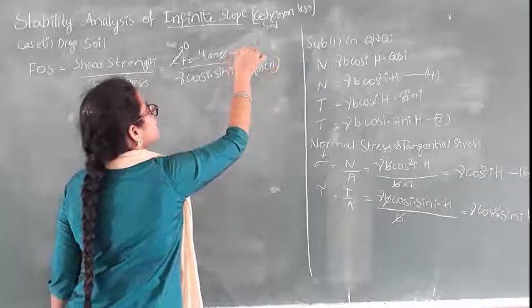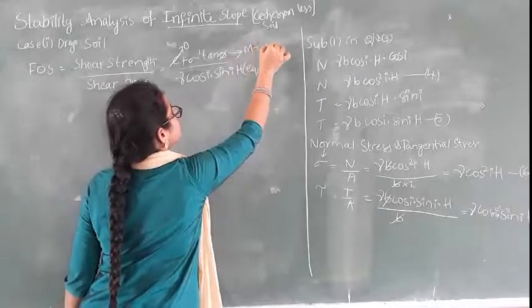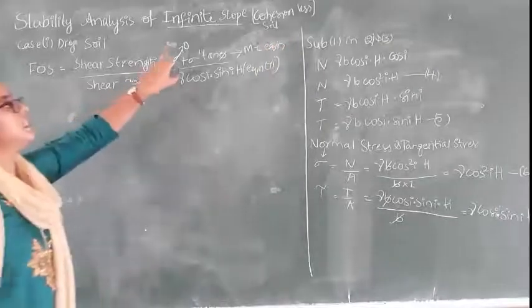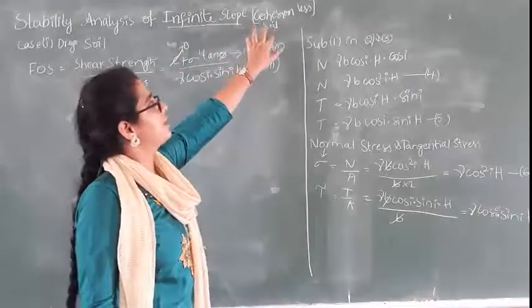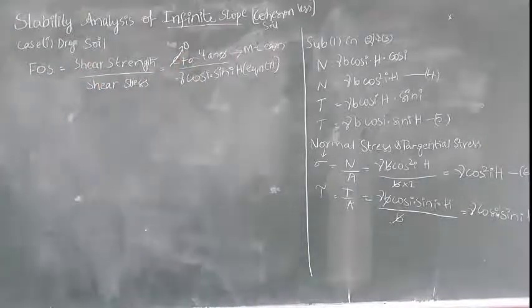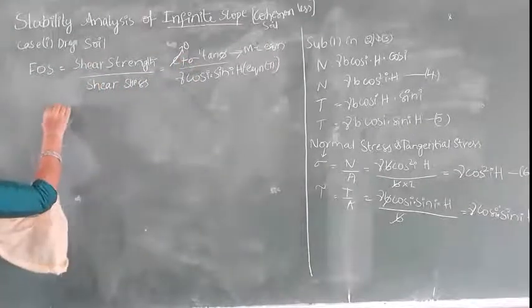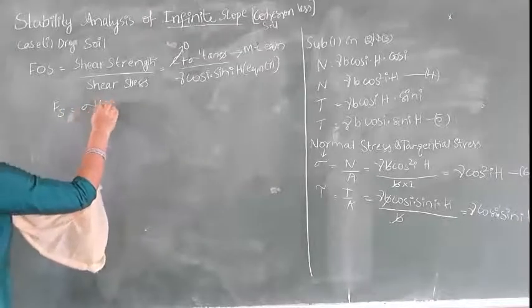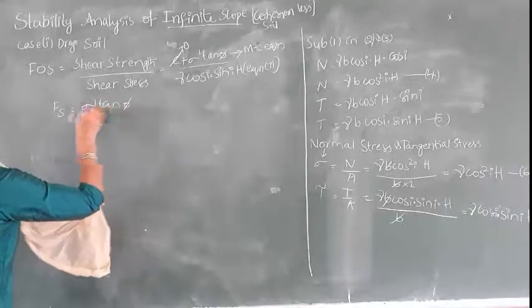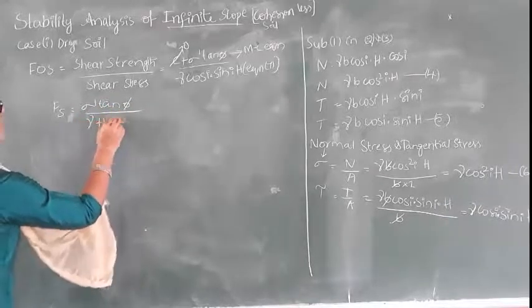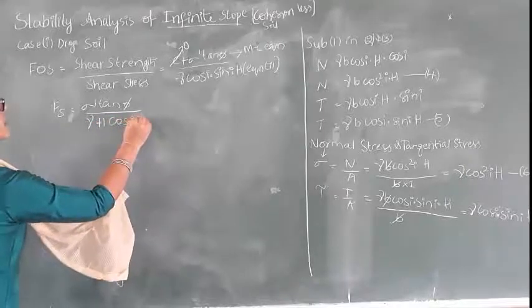So the factor of safety Fs is equal to sigma dash tan phi by gamma into h into cos I sin I.